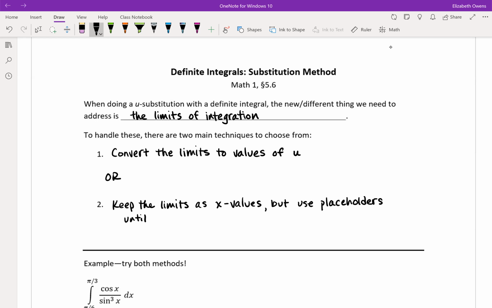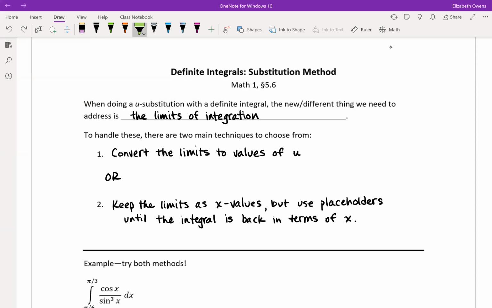We're going to switch everything over to u. That's the idea of a substitution. So we're not going to be able to have limits as x values while we're working with the variable u.